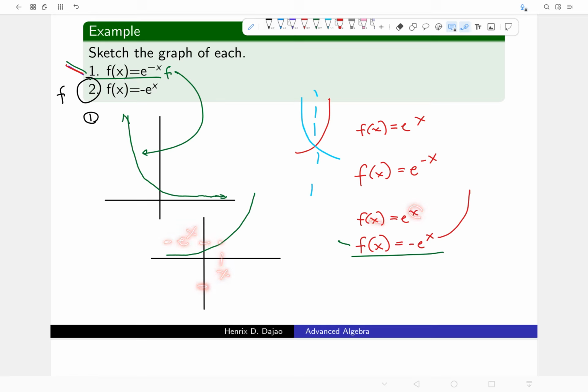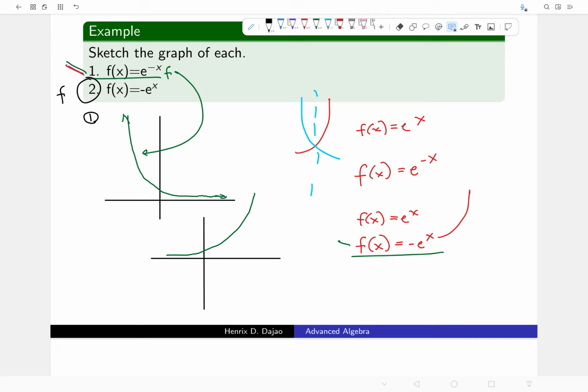So this becomes here, this becomes negative e raised to x. So the corresponding point now is here. Now for here, we have the corresponding point here. So intuitively, this is just a reflection of e raised to x with respect to the x-axis.